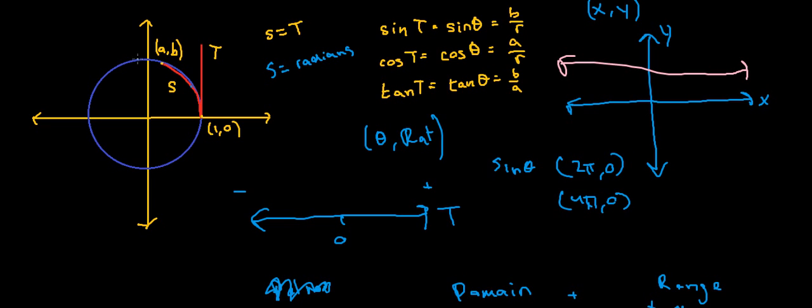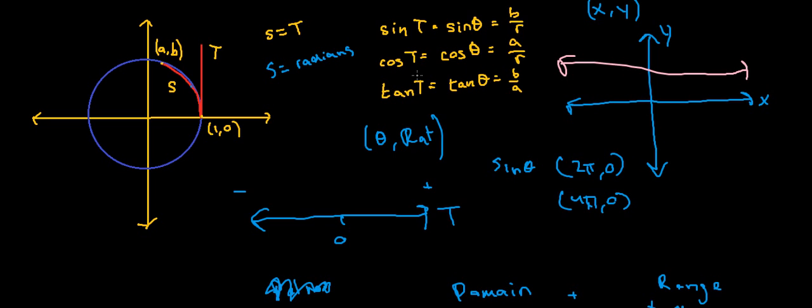Then it starts decreasing again, goes to 0, starts increasing again, goes to 1, starts decreasing again, goes to 0. So it's a periodic type of function. The only thing that's different is here sine is positive, here sine is positive as well, here it's negative, here it's negative.